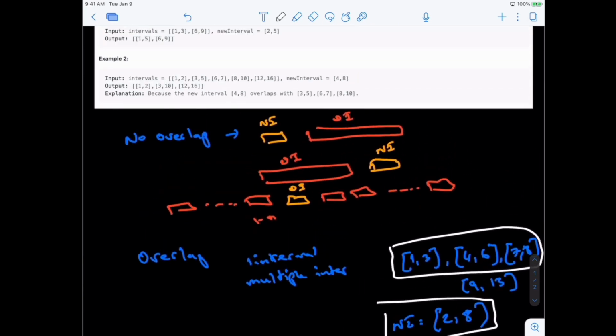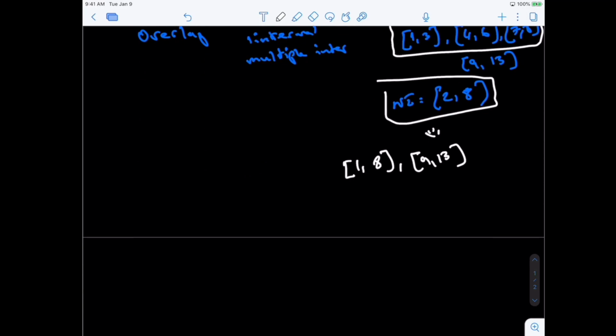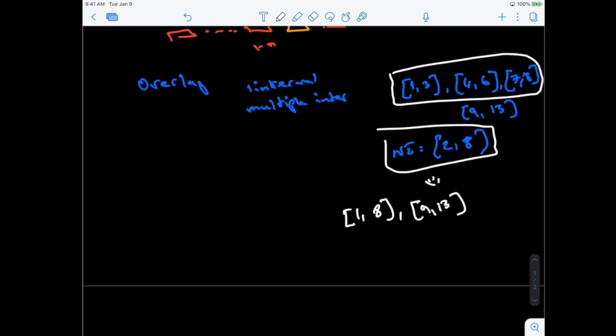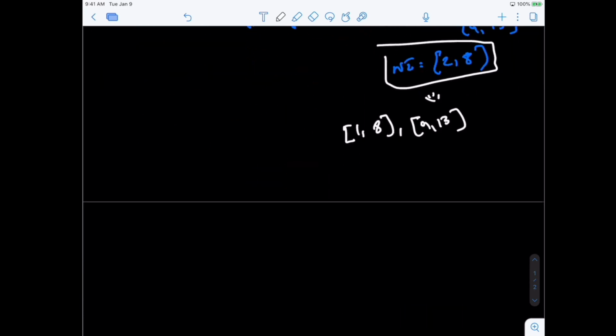So if we try to do this case by case, it's going to be cumbersome because we'd have to do all three for the no overlap, the different cases for the overlap. So an easier way is to think about it as just overlap or no overlap, right? How do we handle it?